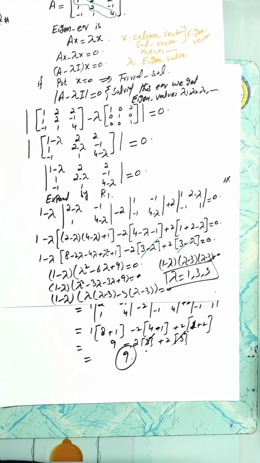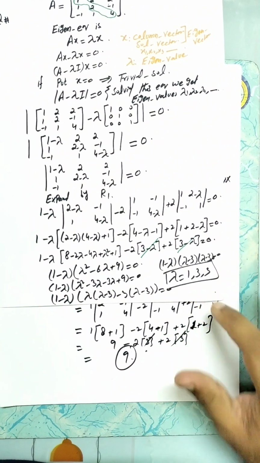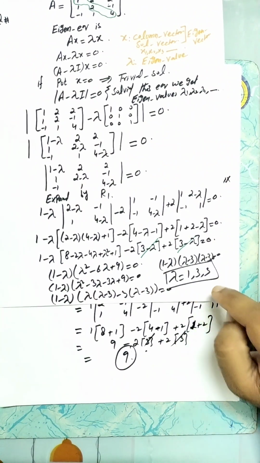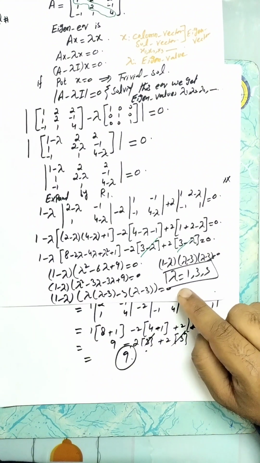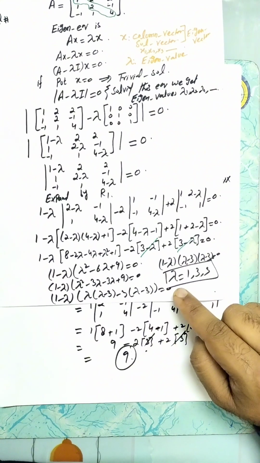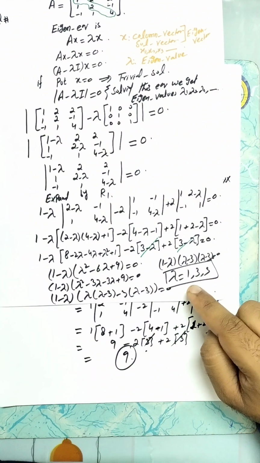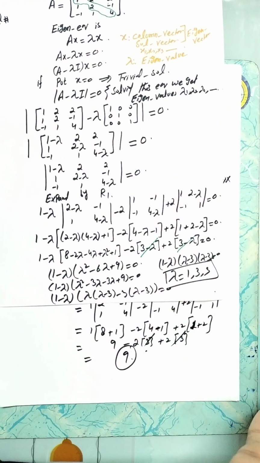So we take only one value, that is 3, and one value is 1. So we check the eigenvector of these two values. If we have two eigenvalues, it means we have two eigenvectors. Each eigenvalue corresponds to one eigenvector.